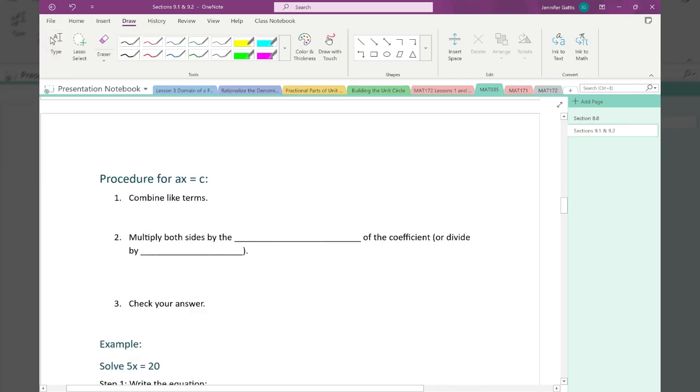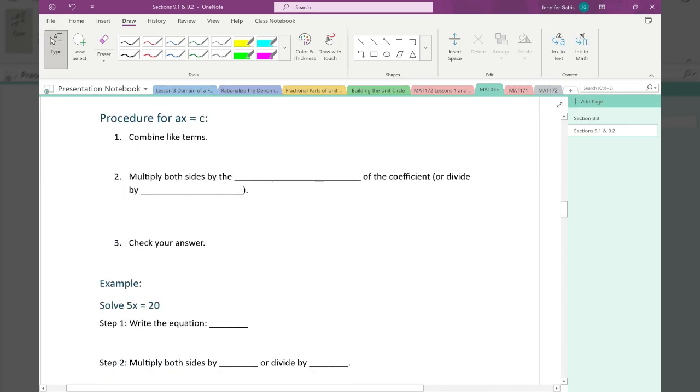All right, now let's get into ax equals c. So we start out like always. We combine like terms, okay? Then we want to multiply both sides by the reciprocal of the coefficient, or divide by the coefficient. And then check your answer, okay?